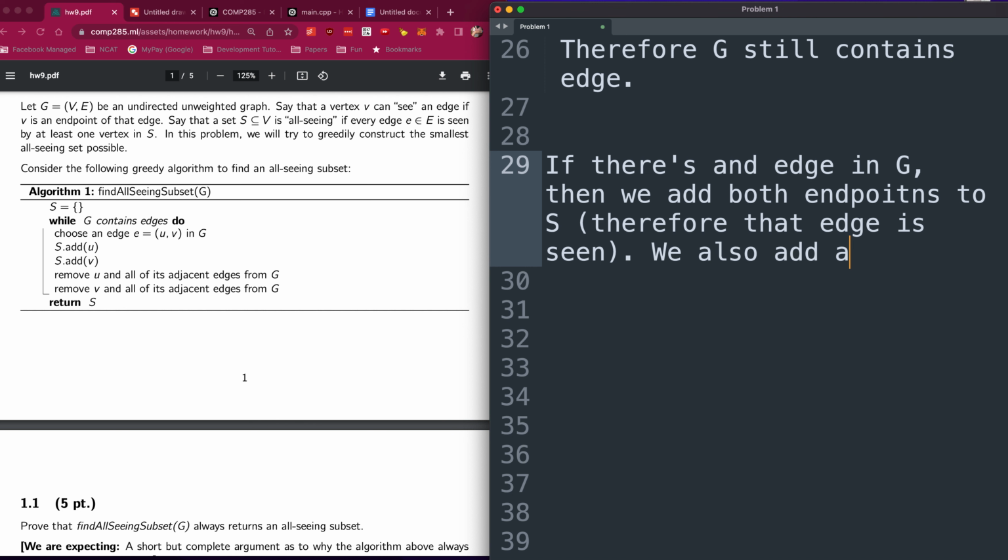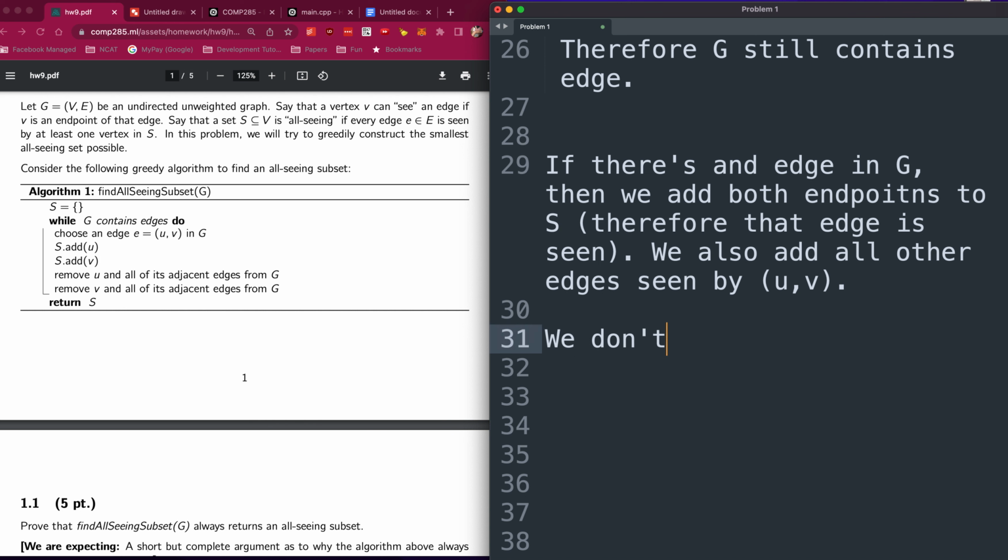We also add all other edges seen by UV, right? So whatever edge we picked, we add not only the edge that we picked, but all other edges that are seen by UV, right? And we don't stop until there are no unseen edges.